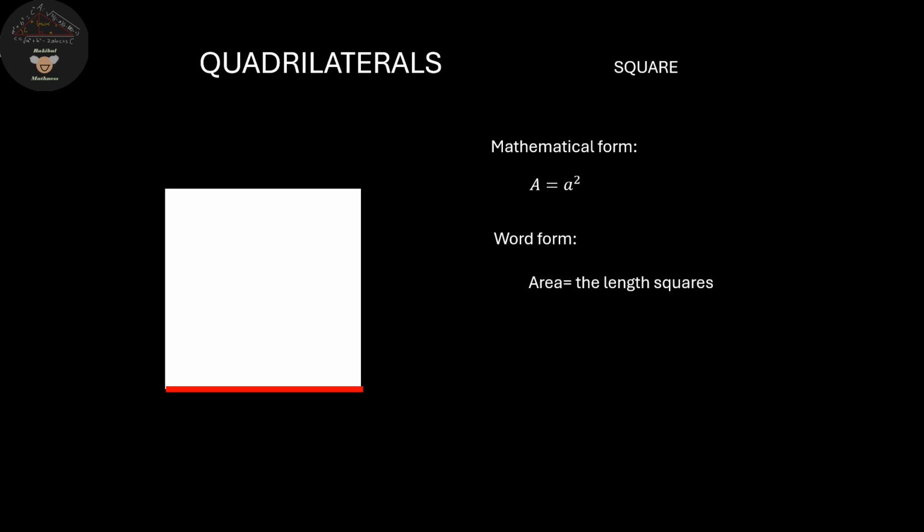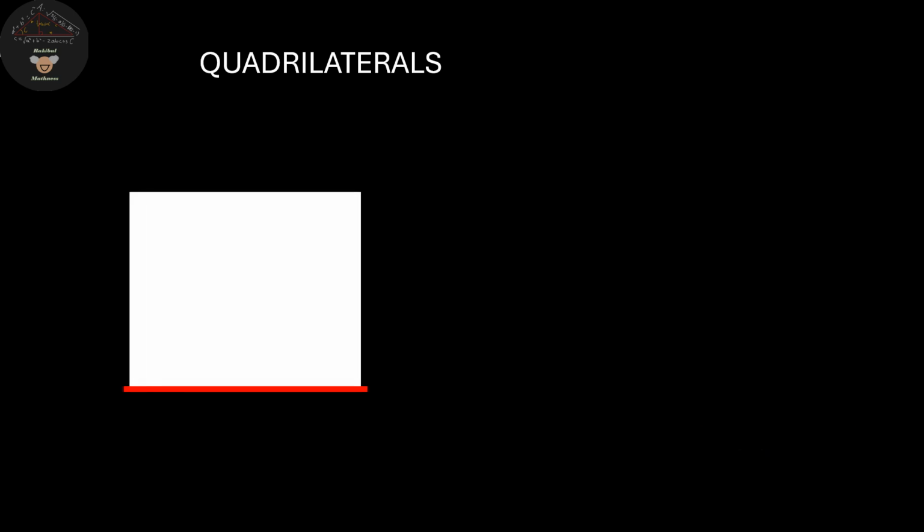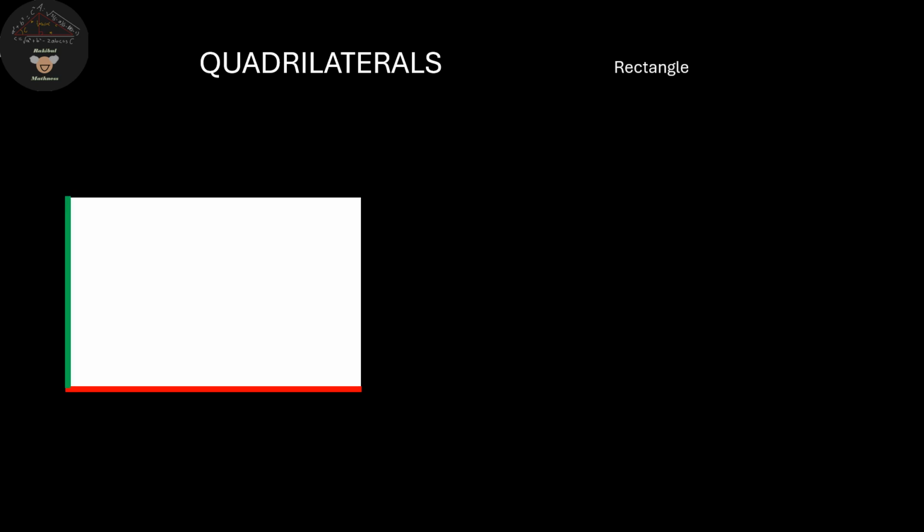So to find the area, you just square that side. In visual form, square equals line times line. For a rectangle, it's A equals L times W, or in words, area equals length times width.